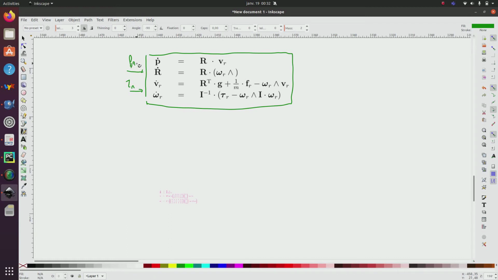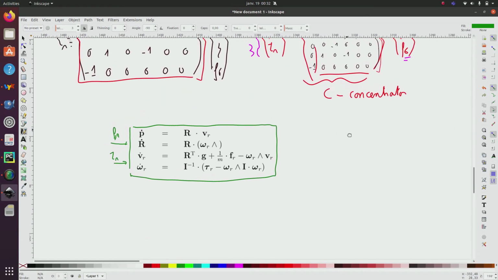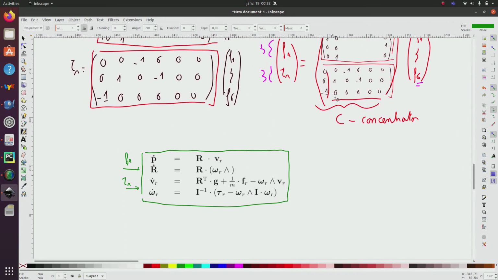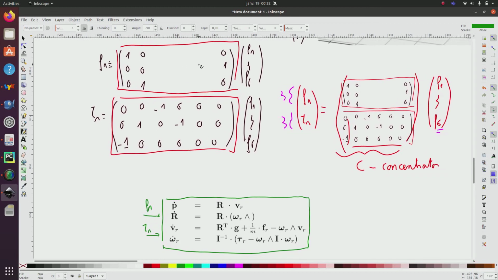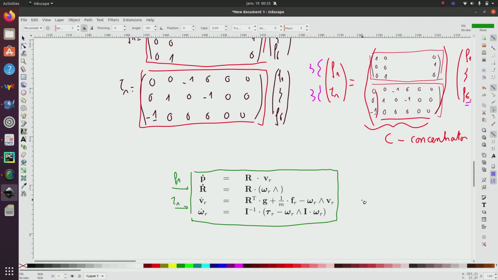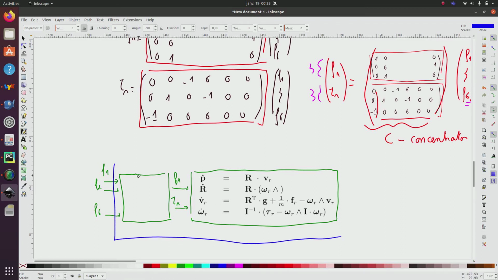In our situation, they are linked to the forces by this relation, which constitutes the concentrator, C. So to have the state equation of my whole system, I have to put, in front of this equation, the concentrator, where I have F1, F2, and F6, and the whole system here will give me the state equation for my hexarotor.